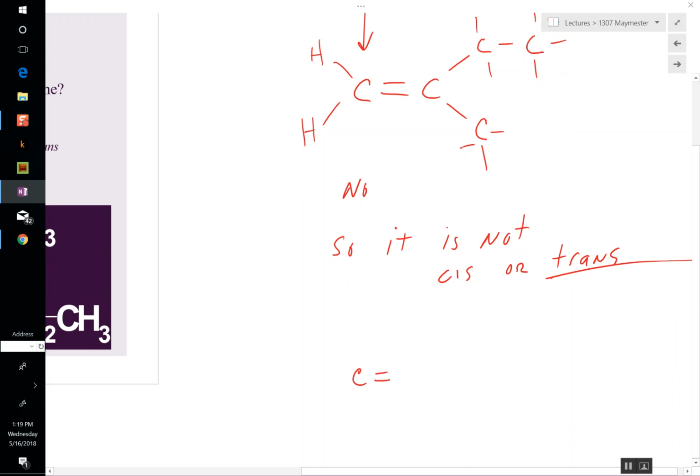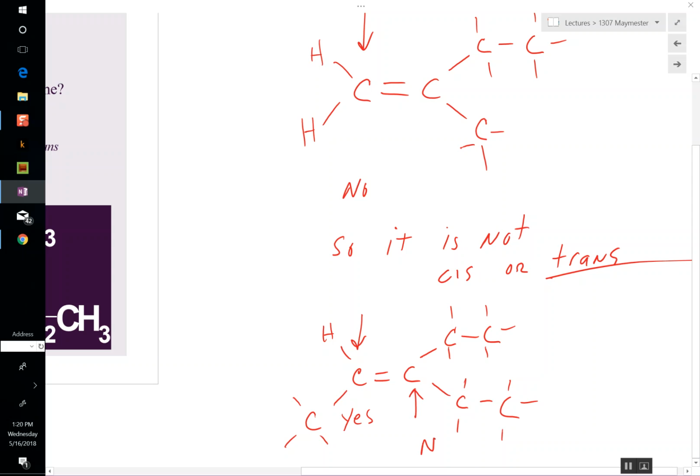Let me give you another quick example. Let's say we had this molecule. And I'd come over here and I'd say, does that carbon have 2 different things on it? Yes. Does this carbon have 2 different things on it?